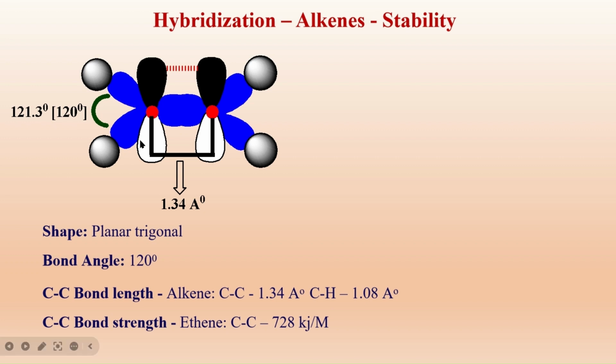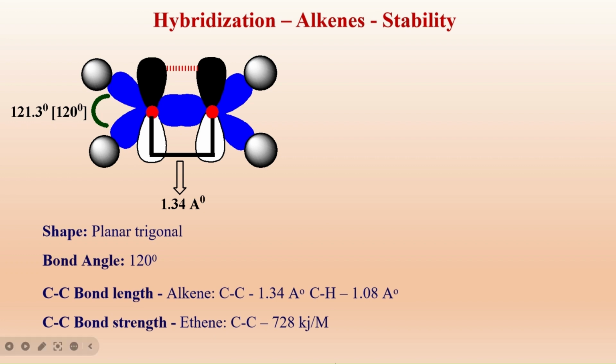As they are strongly bonded because of the two bonds, sigma and pi, the bond length is reduced, and it also increases the bond strength. That's why the energy to break this bond is more than that of the alkanes.